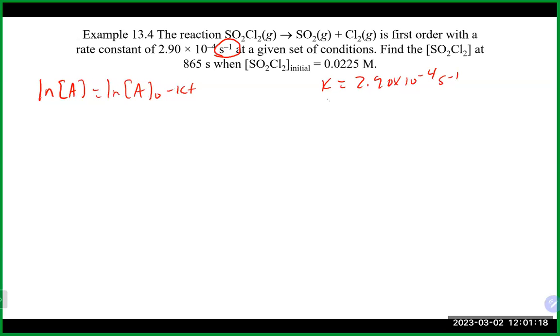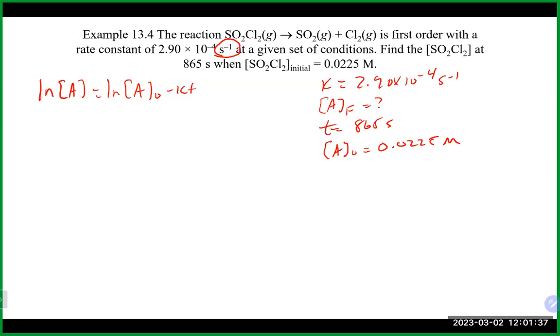We are looking for the final concentration. We do have the time given to us, which is 865 seconds. And we do have the initial concentration, which is 0.0225.